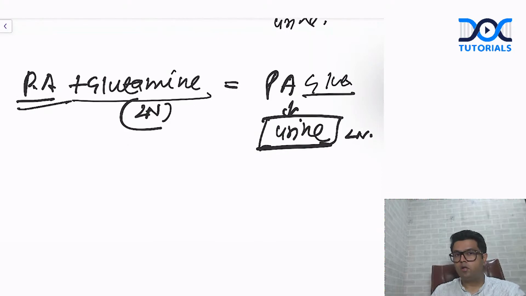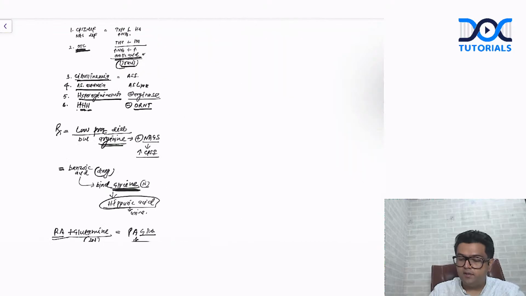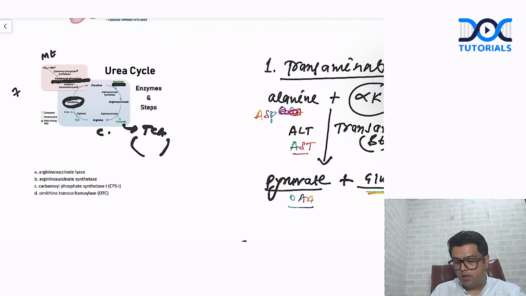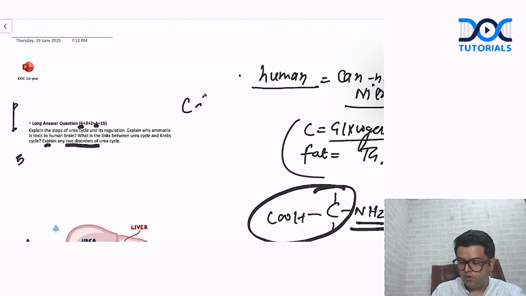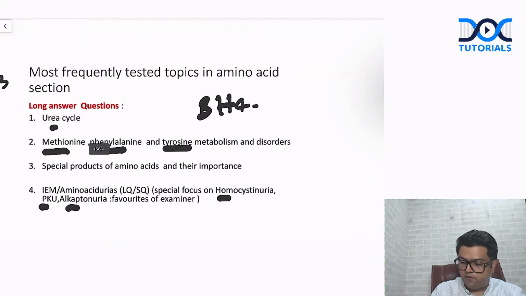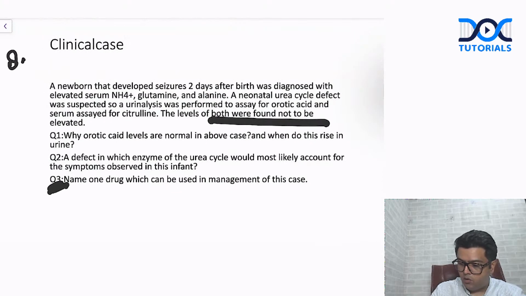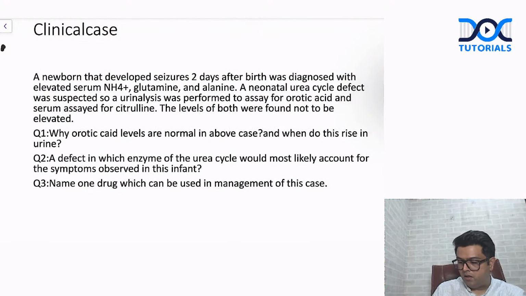So this is all about the urea cycle, and hope you understood how you have to answer the various questions on urea cycle, especially the long answer question, right? And guys, in this clinical case, now you can answer. A defect in which enzyme?